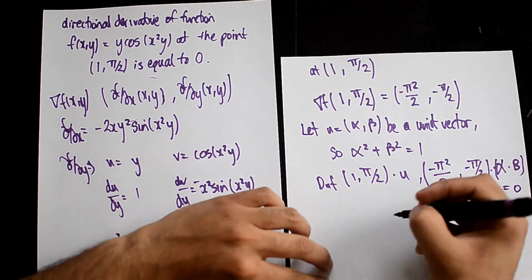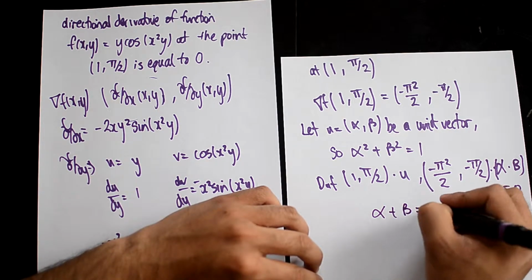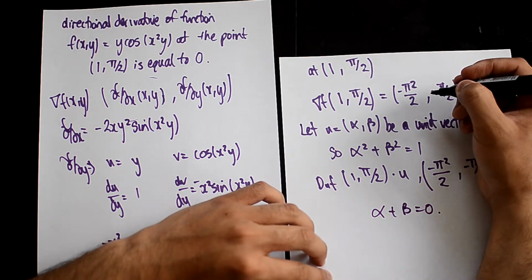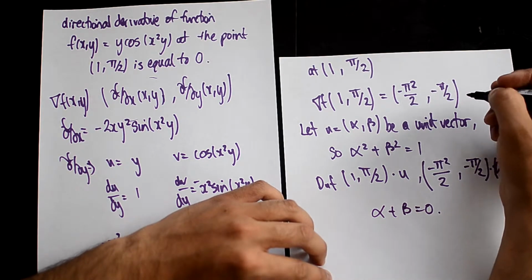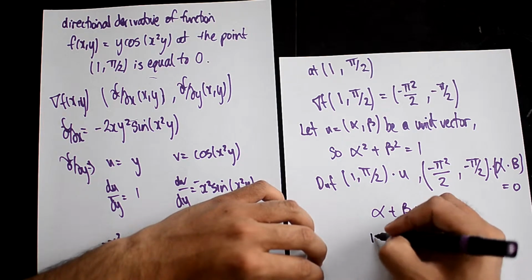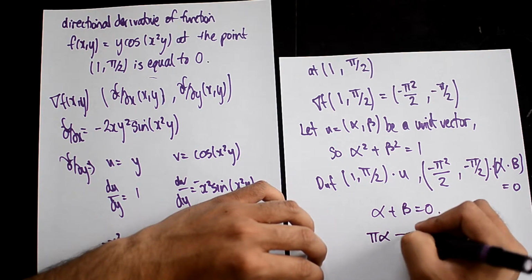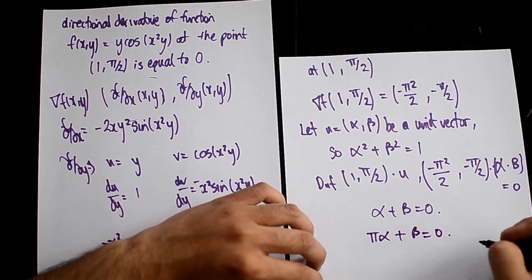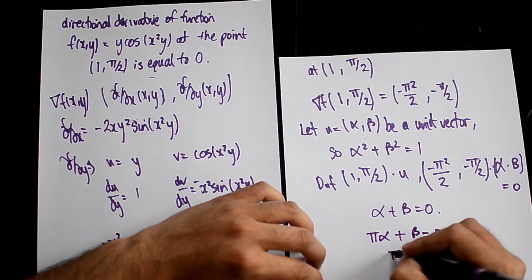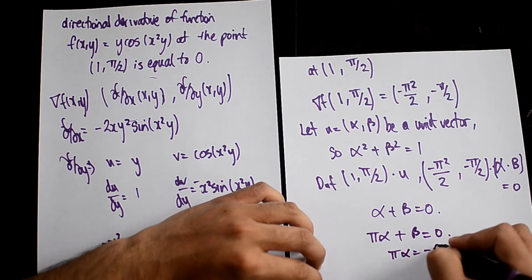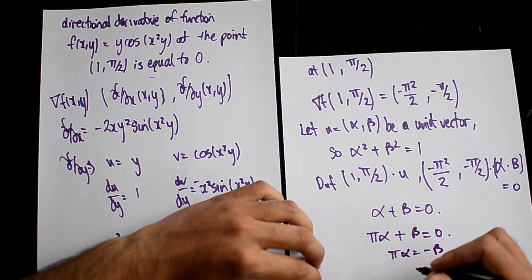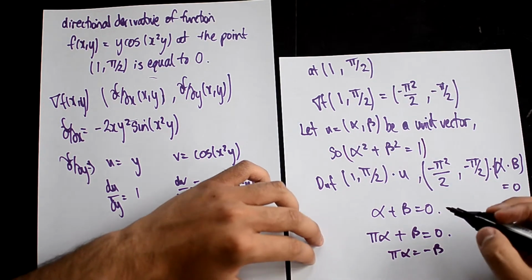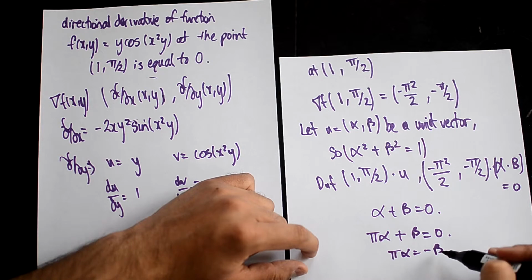And alpha plus beta equals 0. So we now know that if we plug in these values, we then get pi alpha plus beta equals 0. We can then rearrange this such that pi alpha equals minus beta, and that means we now have this equation here to plug in.